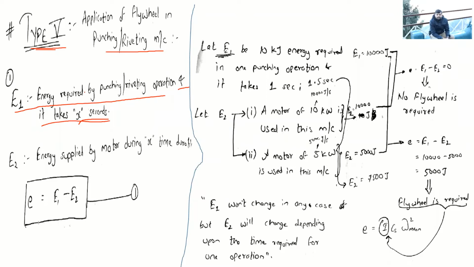E1 is the energy required by the punching or riveting operation, so the amount of energy required to do one punching operation or one riveting operation will be denoted by E1. And E2 is the energy supplied by the motor during the X time duration. E2 is the energy supplied by our prime mover, which in most machines is a motor.